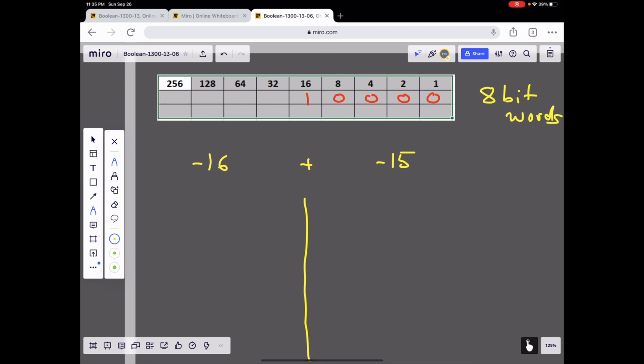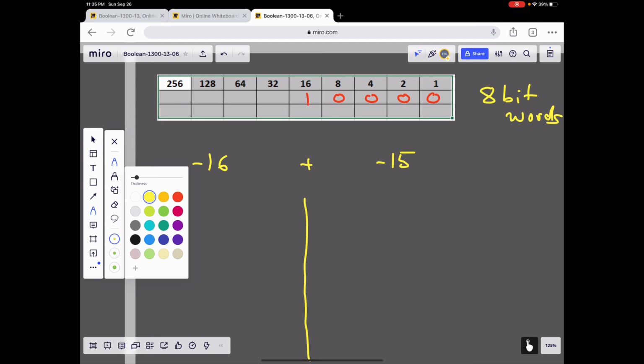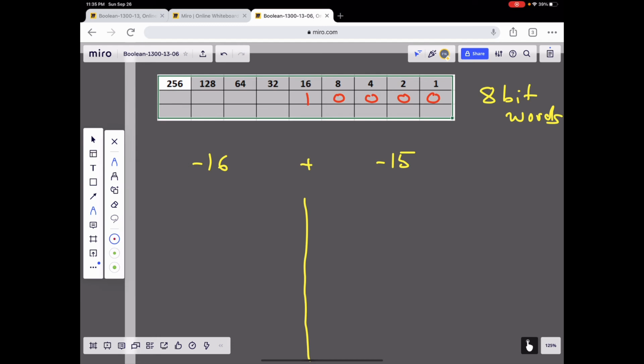So you have to add 3 more 0 in here. 1, 2, 3. All right, and then you convert it and add 1.